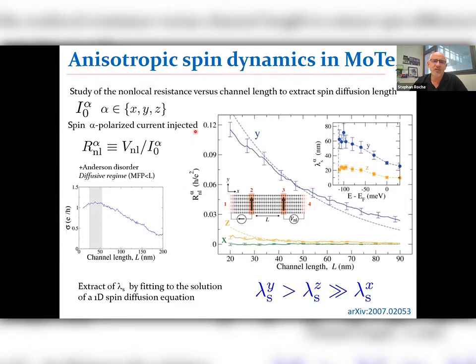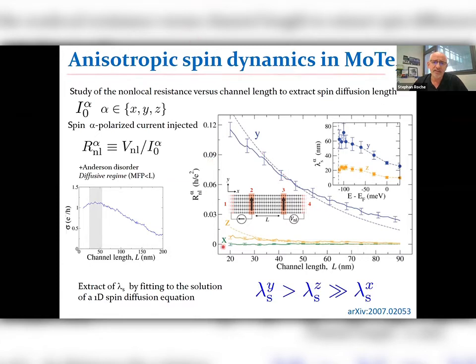And here you see the non-local resistance as a function of the channel length for this type of device configuration, non-local geometry, where you inject a current between a magnet and the contact here, and you measure far away from the current flow a non-local signal.